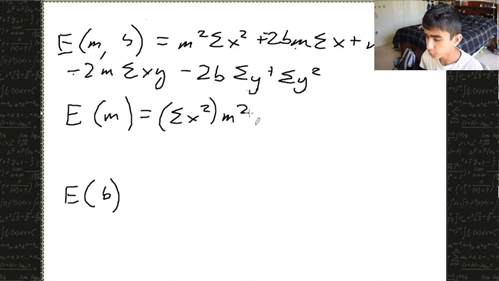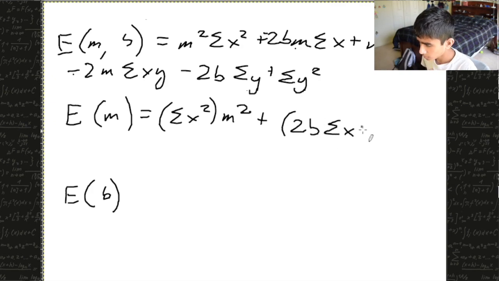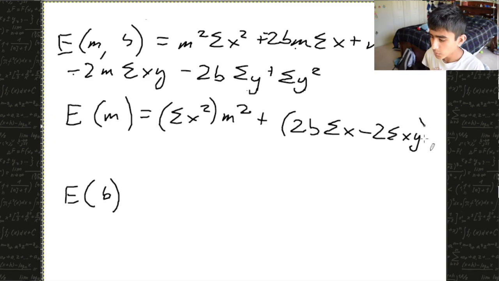So we're essentially grouping terms. Then we can go for the terms that contain m. And that's it. Then you multiply this by m, and then you add on all the remaining terms.